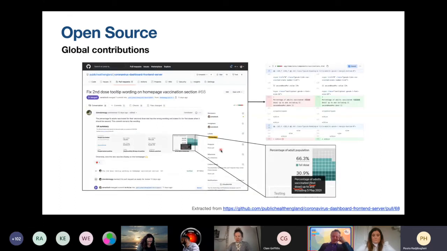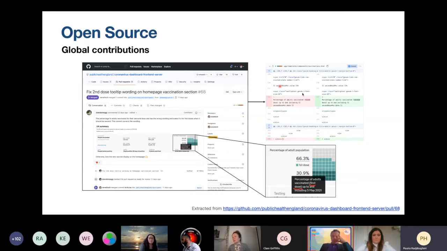This is an example of a global contribution. When we released this section for vaccinations, which was a couple of weeks ago, there was a mistake in the tooltip of the percentage for second dose, in which case it was just saying first dose instead of second dose, as you can see here. And two people actually noticed that, and they both separately created a fix for it.